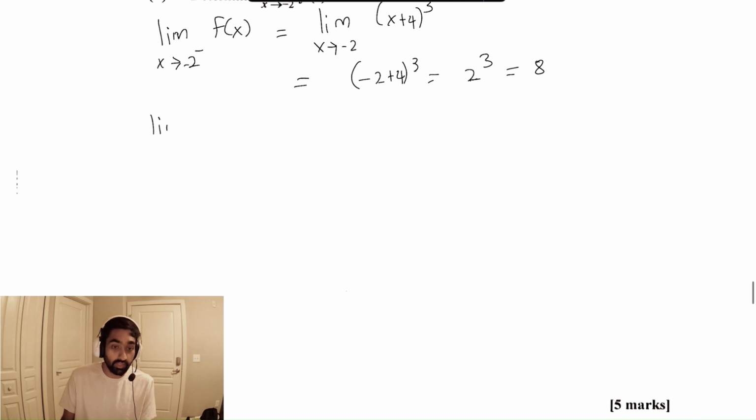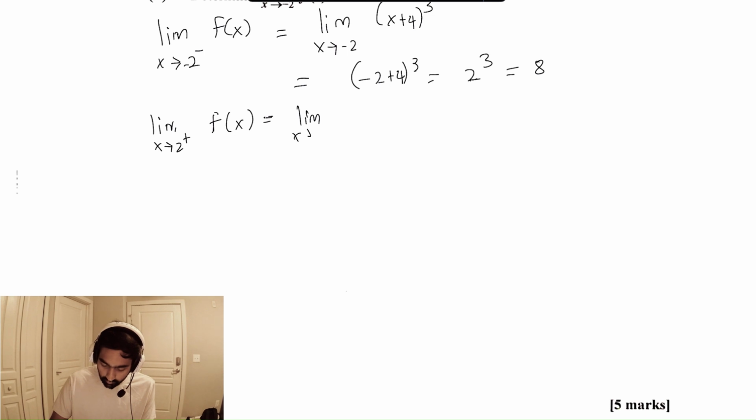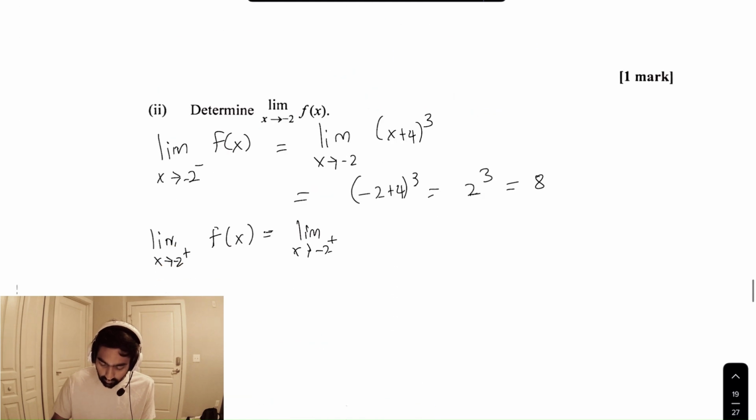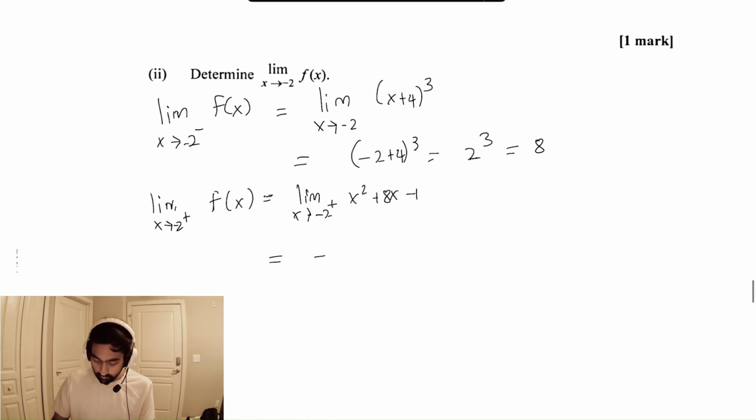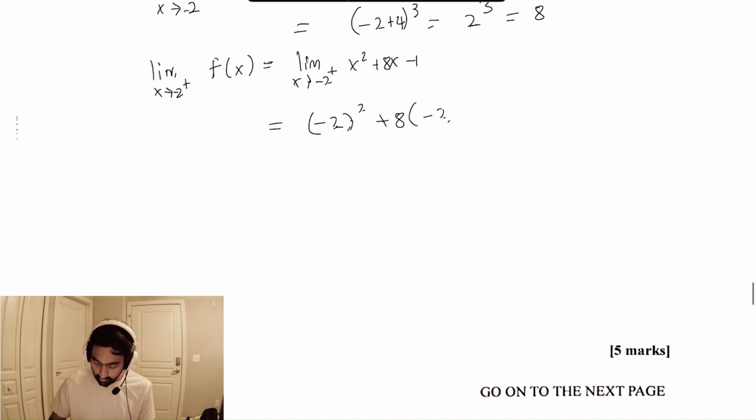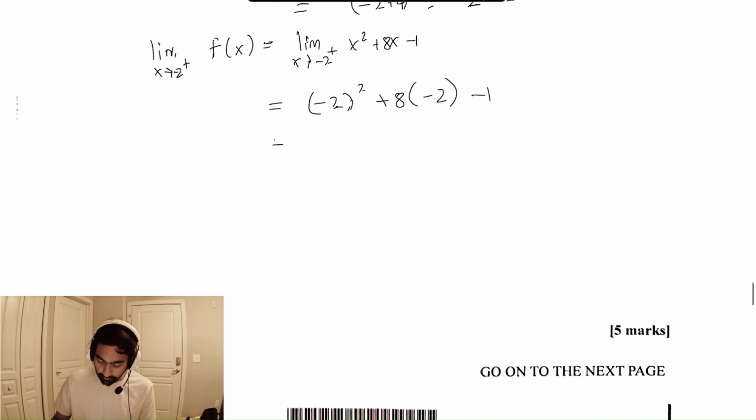Now we're going to do the same thing for the limit from above. So the limit as x approaches -2 from above of f of x equals the limit as x approaches -2 from above of x squared plus 8x minus 1, which is equal to (-2) squared plus 8 times -2 minus 1.